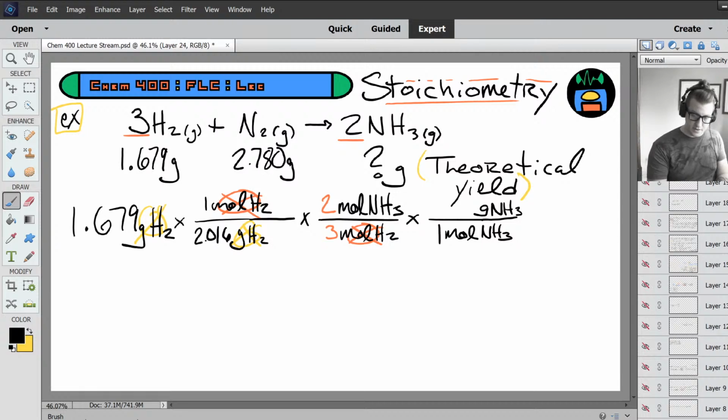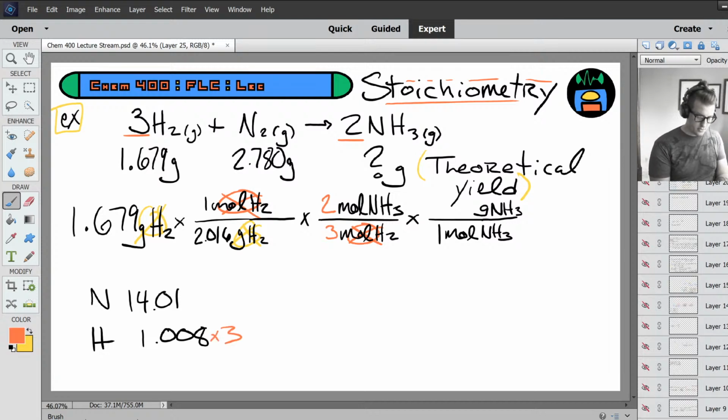And here we need to calculate our molecular weight. All right. Nitrogen has an atomic mass of 14.01. Hydrogen has an atomic mass of 1.008. We've got to multiply this by 3.